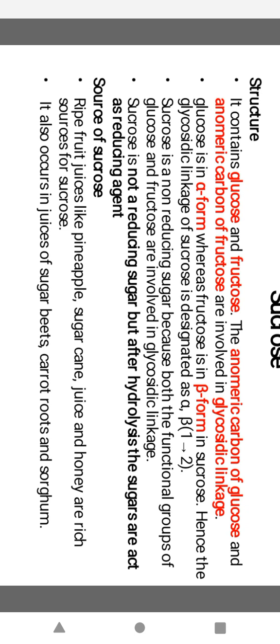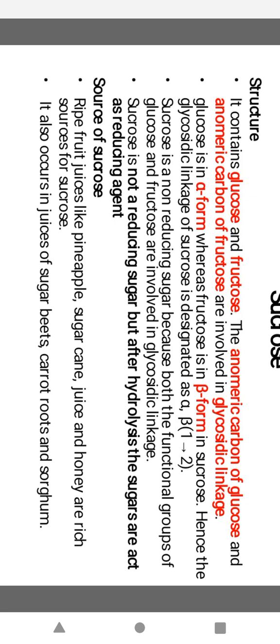There is no free reducing end, so sucrose is considered a non-reducing sugar. Glucose is in the alpha form, whereas fructose is in the beta form, hence the glycosidic linkage of sucrose is designated as alpha beta 1,2 linkage.